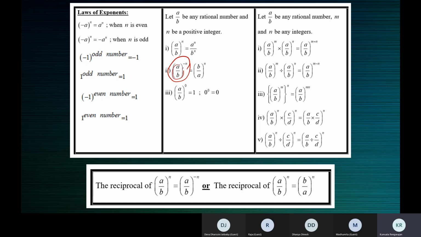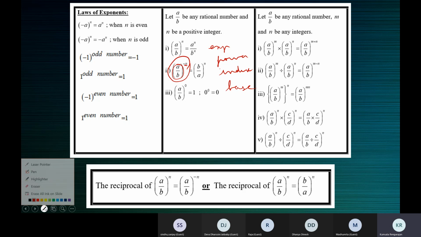A by B is called the base and this minus n is called the power, or the index or the exponent.